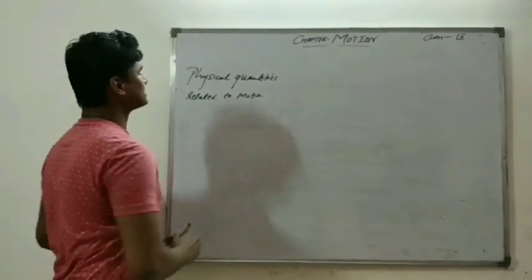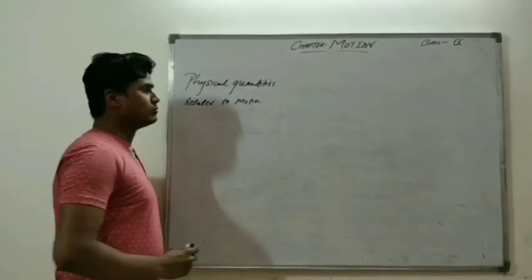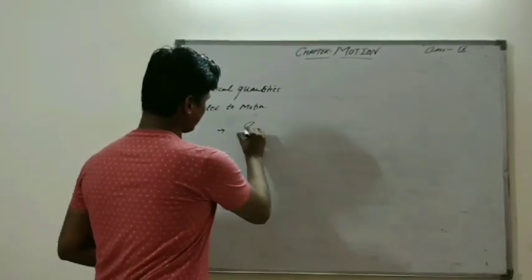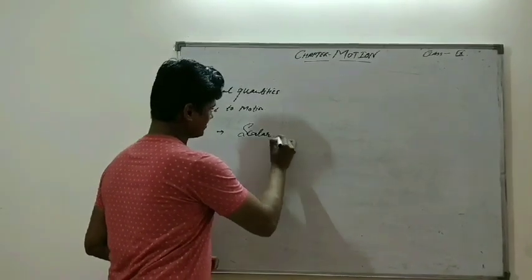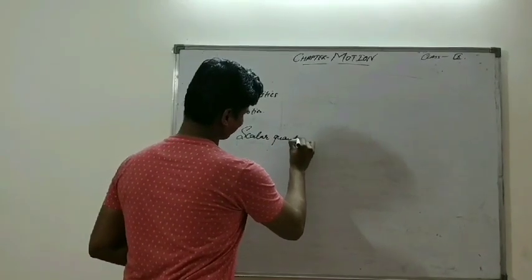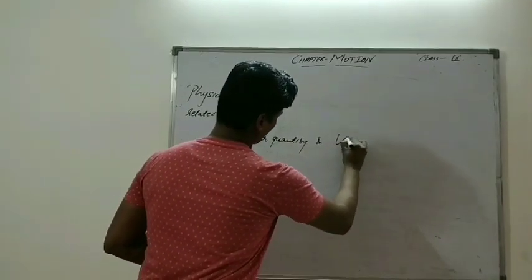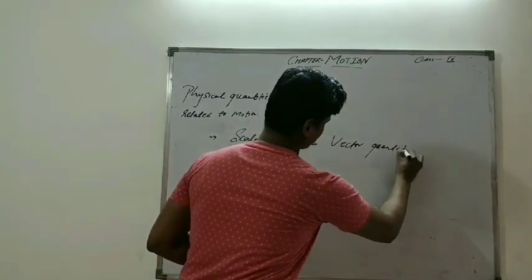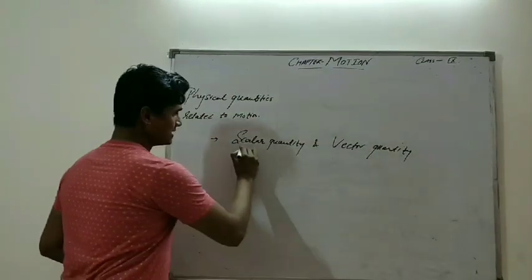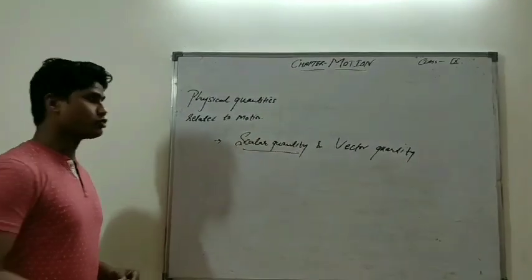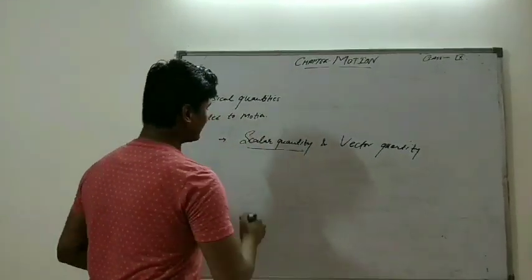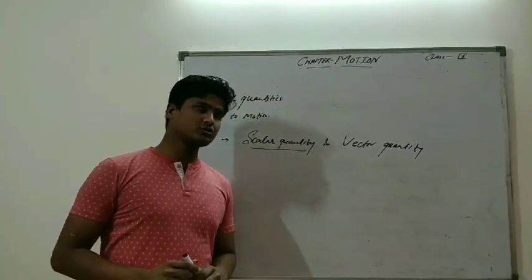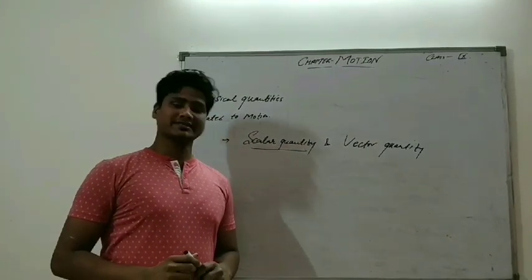Now we understand the physical quantities related to motion. First of all, we will understand scalar quantities and vector quantities. Students, scalar quantities are the quantities which are defined by their magnitude only but no direction.